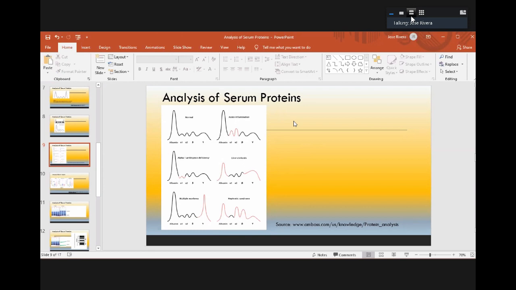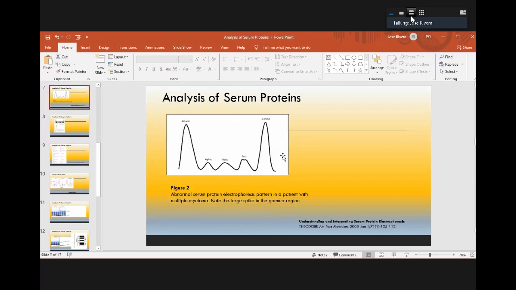Right, or I can show you a gel or a pattern like this, and you tell me there's a problem here because this doesn't look normal. I may not ask you about the disease, but you might say it's cancer, more than likely myeloma. I'll give you some details.